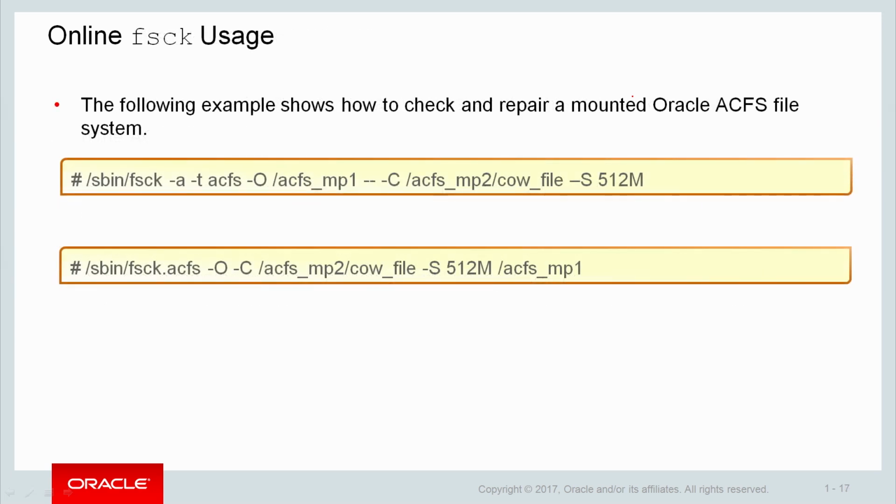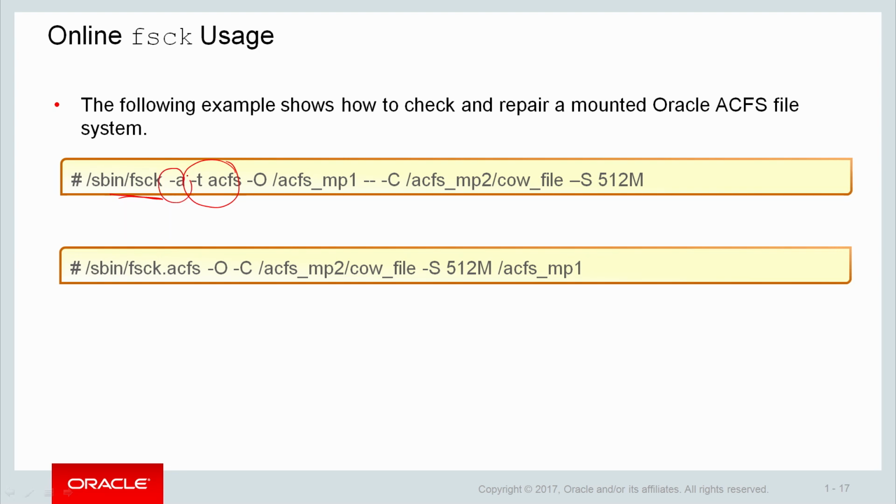So how about the usage? Well, the following example shows how to check and repair a mounted Oracle ACFS file system. So we are using the operating system fsck, but it's going to be a type ACFS. So that tells fsck that this is an ACFS file system we are working with. Now, by default, fsck only checks and reports problems.